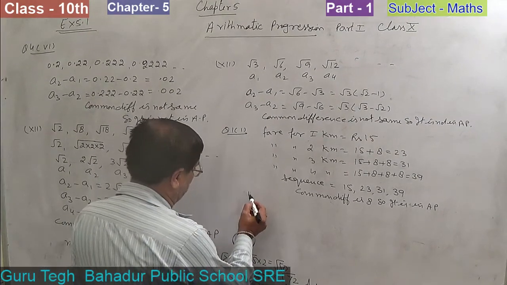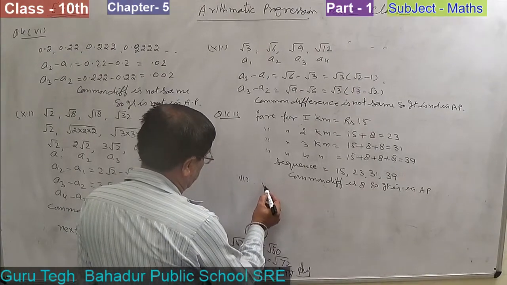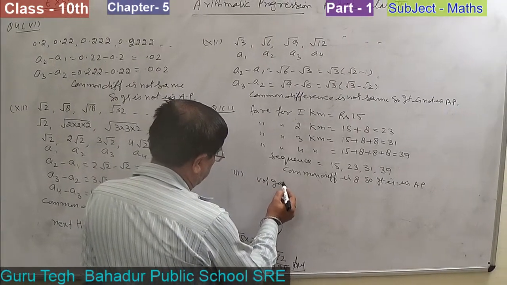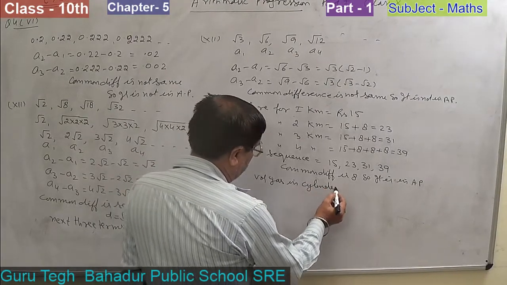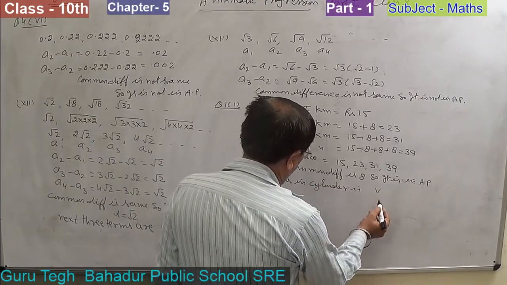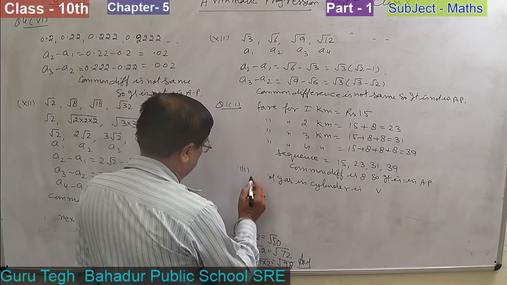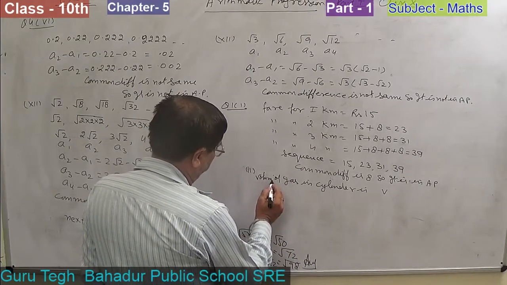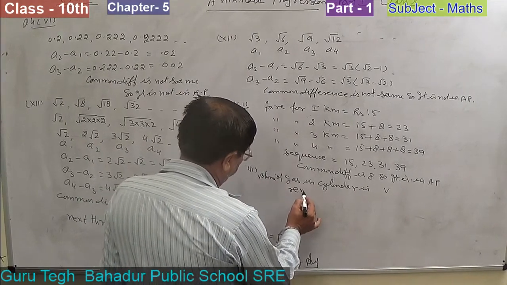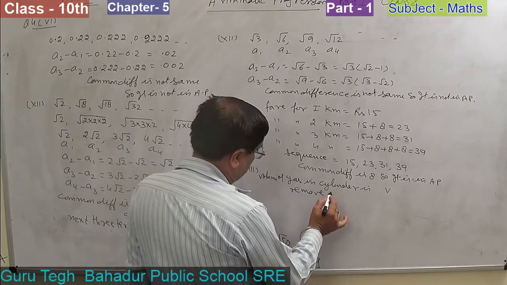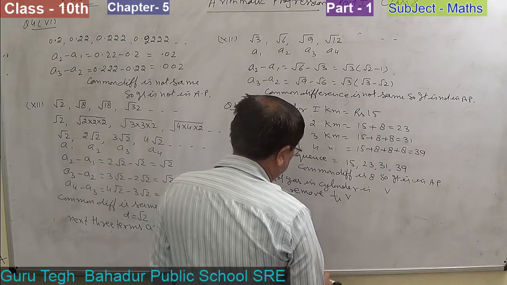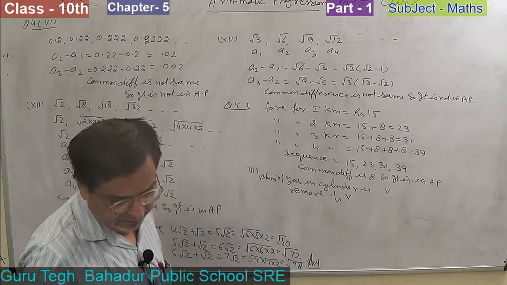Let volume of gas in cylinder be V. Remove 1/4 V. 1/4 gas is removed.